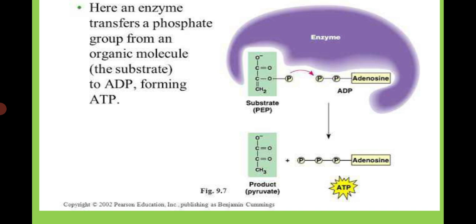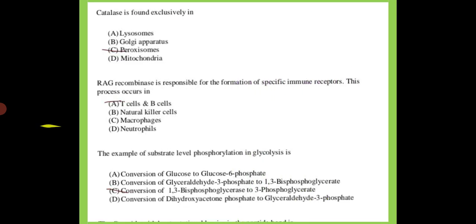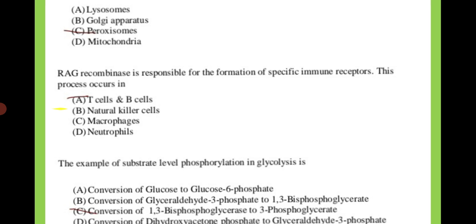This formation of ATP is substrate level phosphorylation. Substrate level phosphorylation is a metabolic reaction that results in the production of ATP or GTP by the transfer of a phosphate group from a substrate directly to ADP or GDP. So option C is the answer for this question.